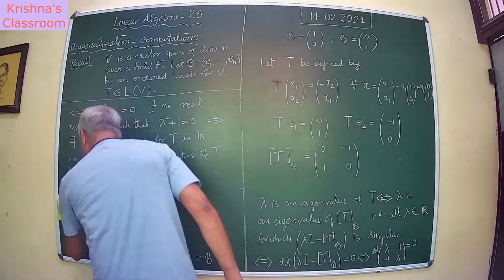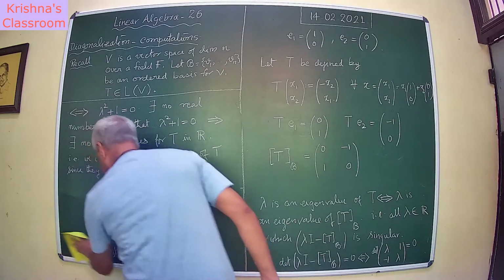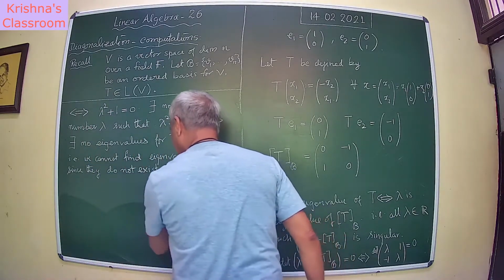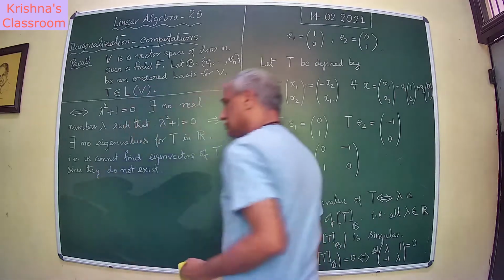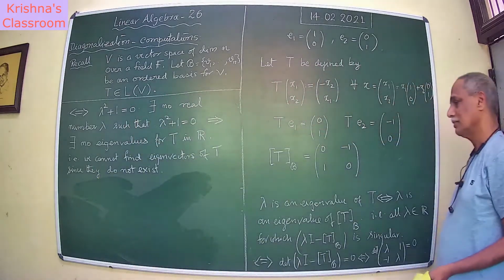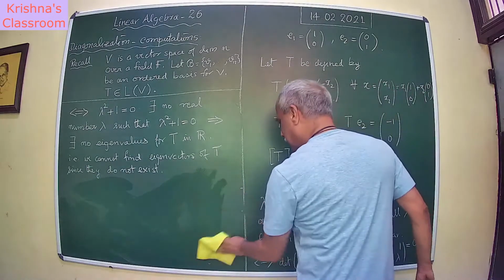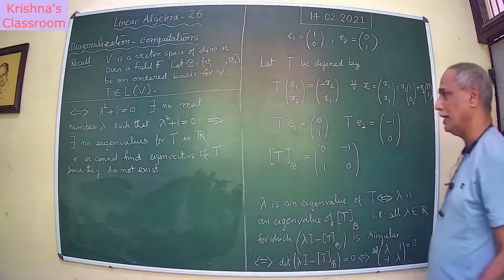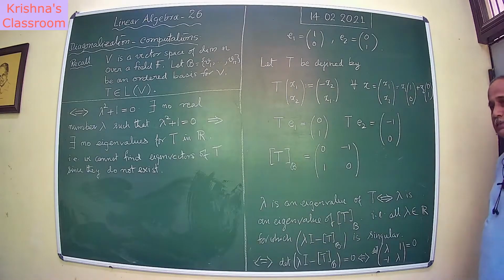Let me slightly modify the example and then find out what exactly happens. Now you know that the problem that you have is that lambda square plus 1 equal to 0 has no zeros.